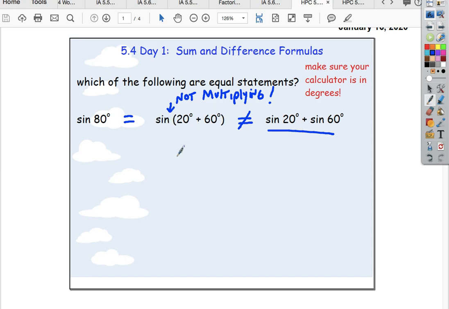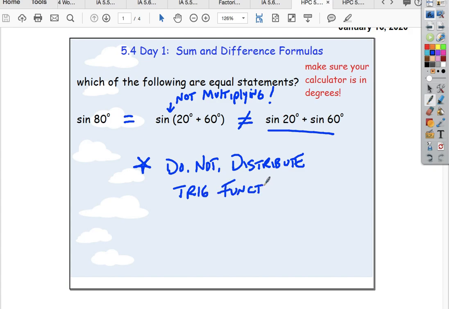Therefore, the distributive property does not work. So please remember, do not distribute trig functions. It's just not a correct thing to do.